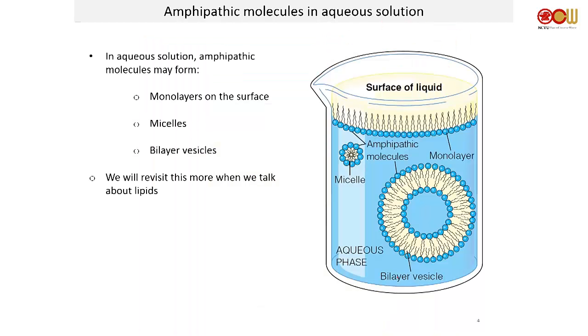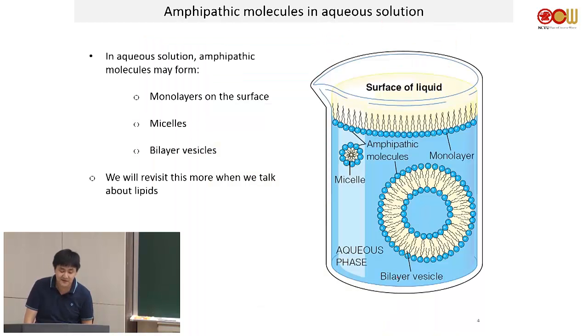We're good. So amphipathic molecules, those are very important because in most of biology, we are primarily composed of water, right? So water being the most important solvent, especially the solvent for life.